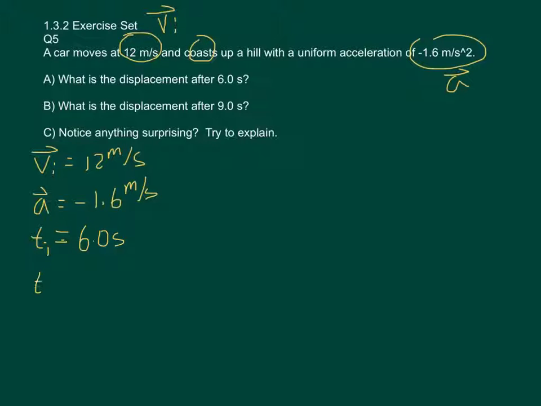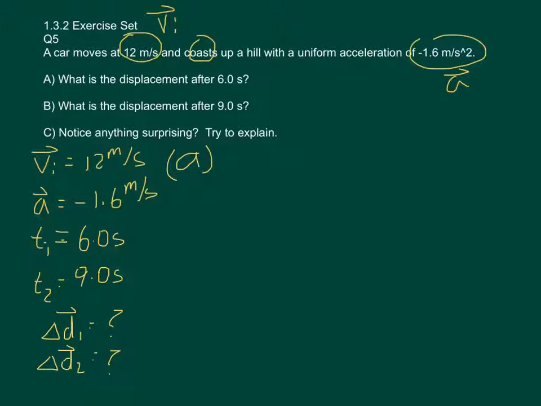We have a T2, second time, 9.0 seconds. And we're always just solving for D, displacement. So we have a D1. We also want to know what D2 is. So here we go, part A.